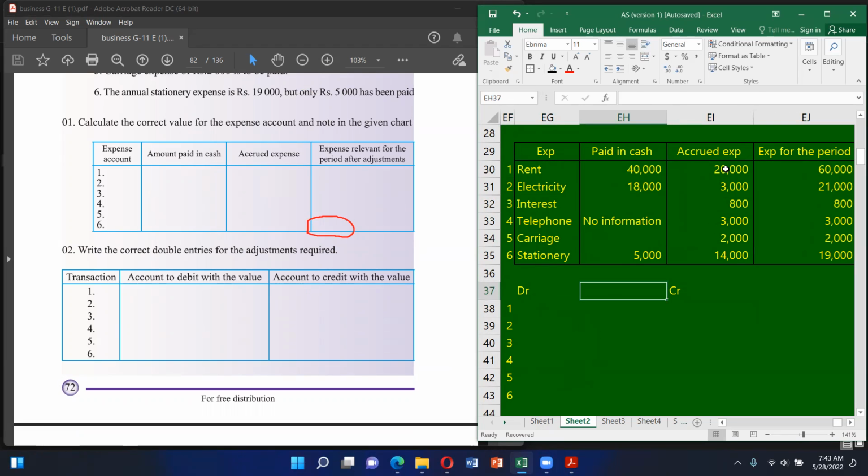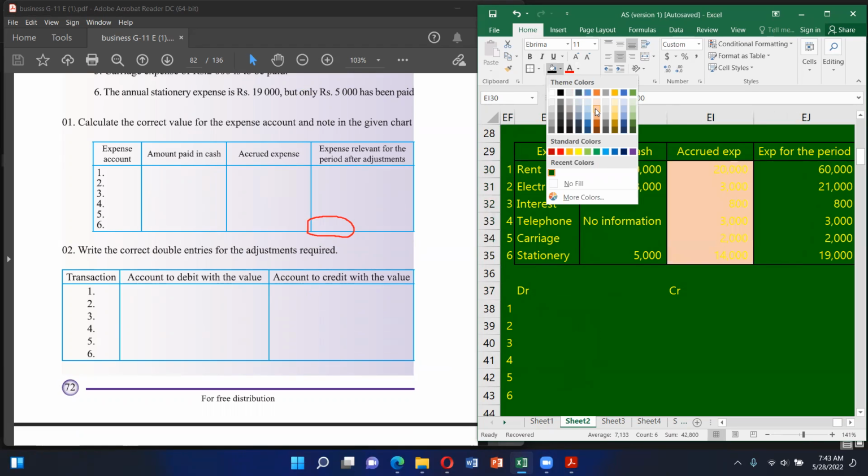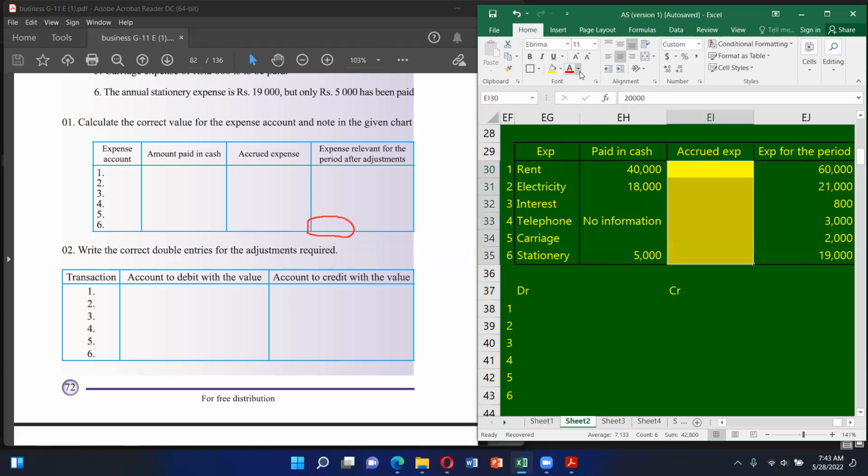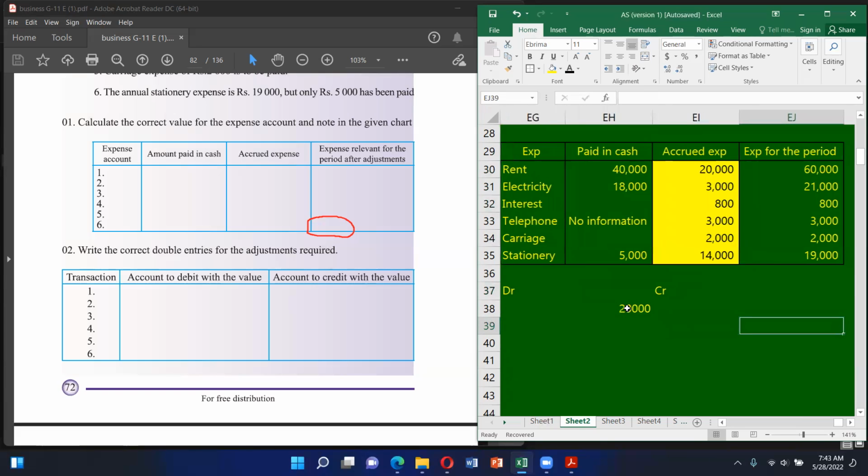This interest need to pass. Write it down the amount first. 20,000.